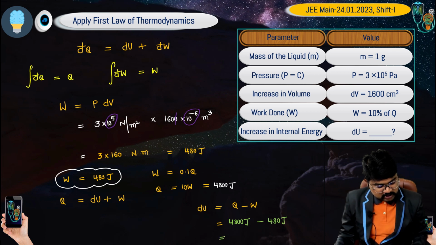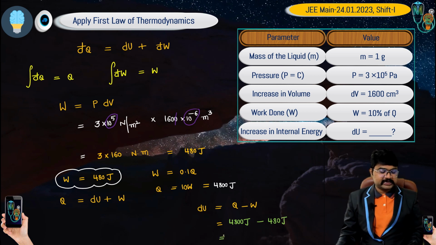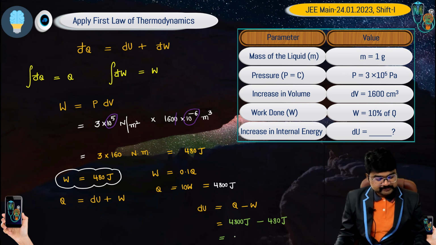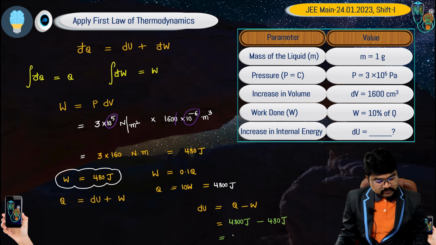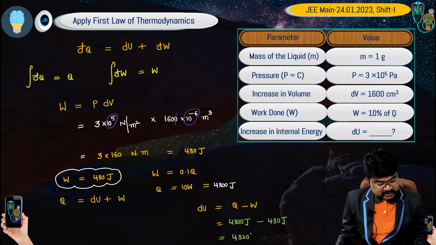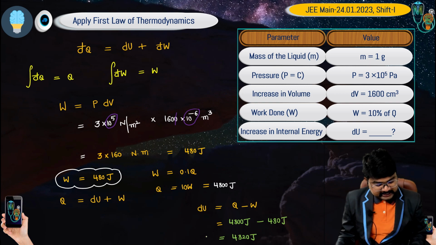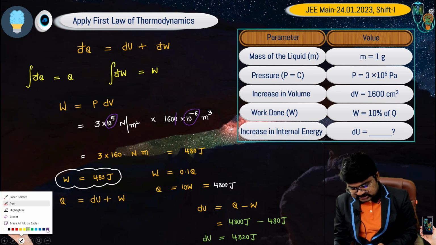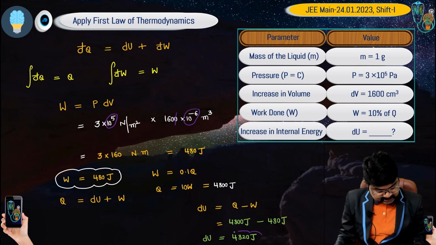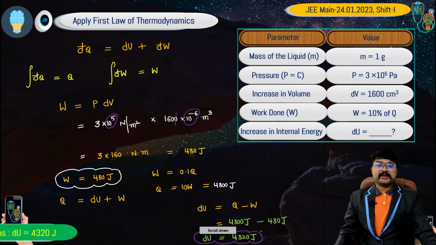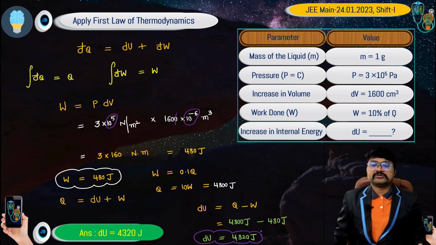So once you subtract it, what will you get? 4800 minus 480. So here 4320 joule you will be getting. This is the change in internal energy. Understood? So in this manner, this is the final answer to this question.